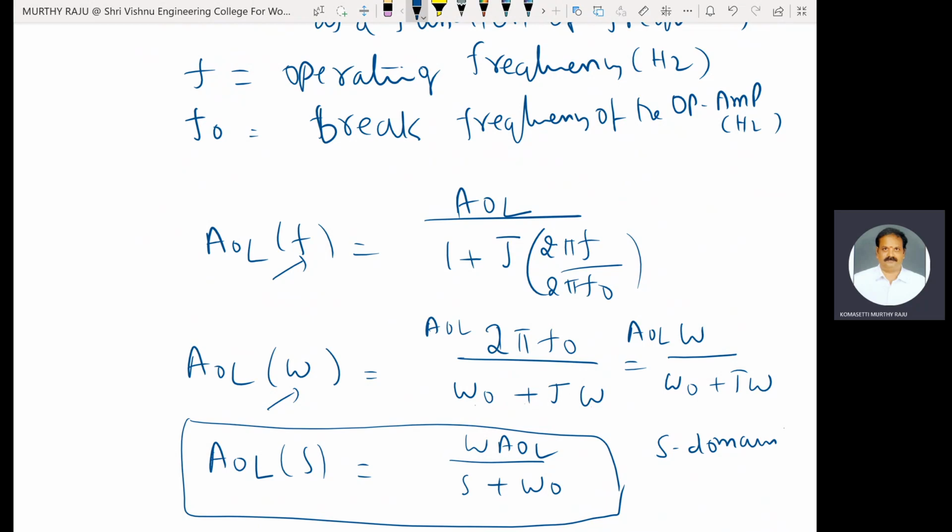In the denominator, omega naught plus j omega, and in the numerator AOL times 2 pi F0, which is omega naught. J omega is s. Therefore, the open loop function of an op-amp in the s domain is AOL of s equal to omega naught into AOL by s plus omega naught. This is the s domain.